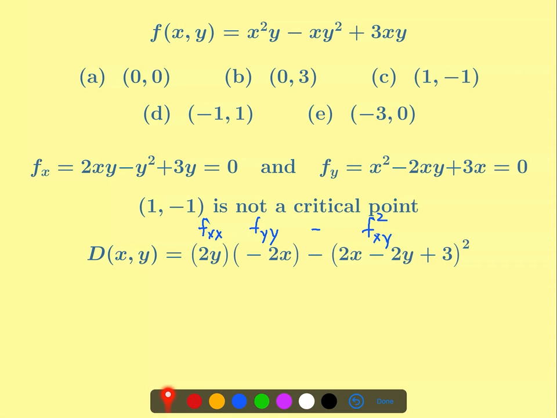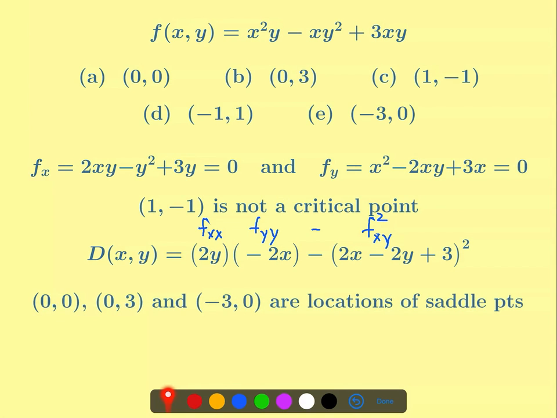Now we just plug the points into D of x, y to see what happens. We plug in 0, 0 or 0, 3 or minus 3, 0. We see that x or y is 0, and so for each of these 3 points, this part is 0, and we're going to subtract.